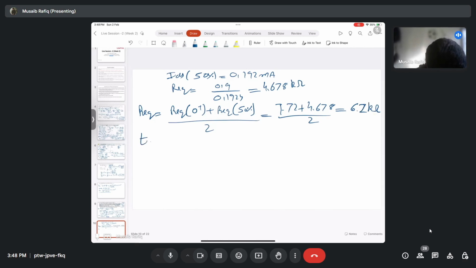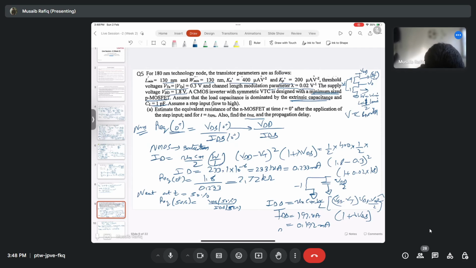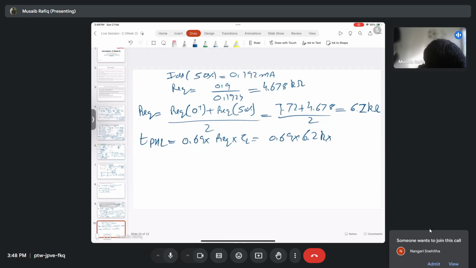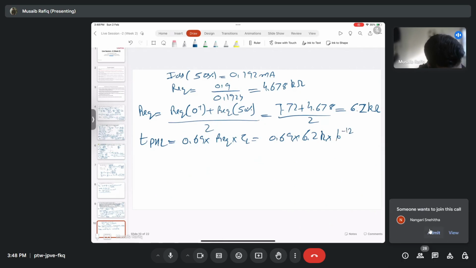And my TP high to low will be equal to 0.69 times R equivalent times CL. So it is 0.69 times 6.2 K times CL. CL is 1 picofarad, that is 10 raised to power minus 12. If you do the calculation, it comes out to be 4.278 nanoseconds.